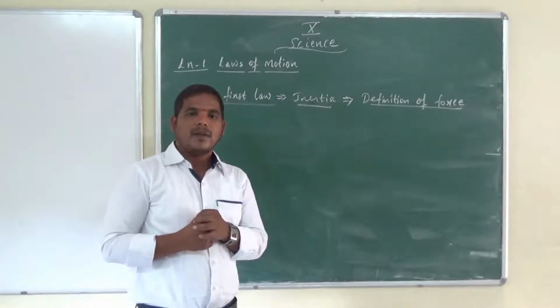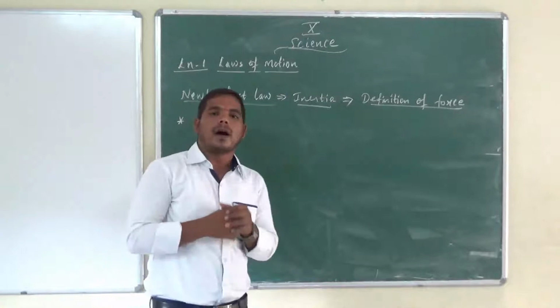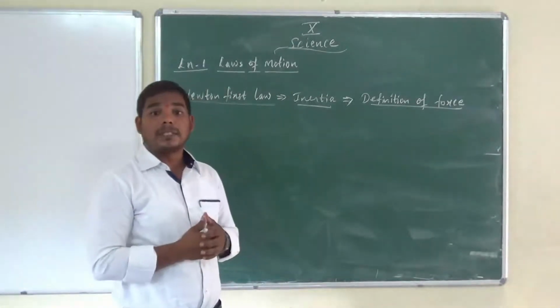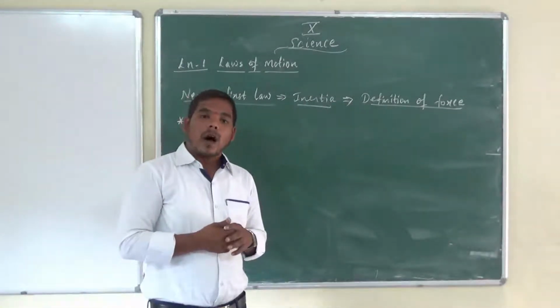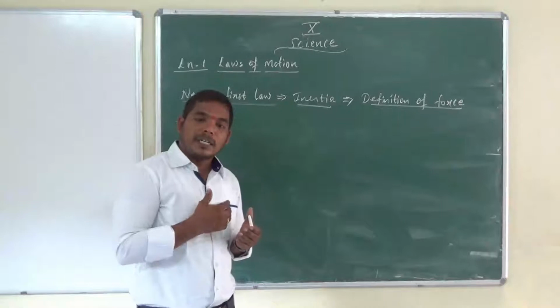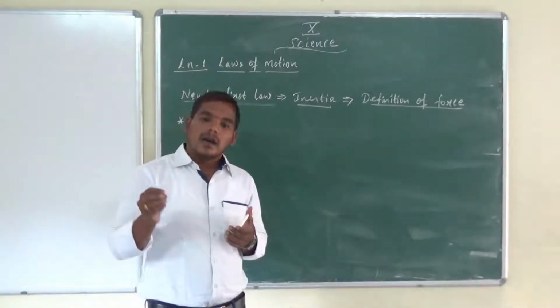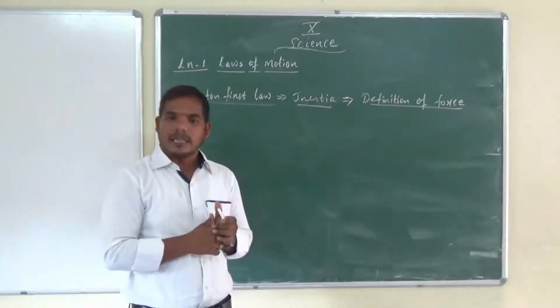Am I correct? For example, in our day-to-day life, we can see a number of objects surrounding us. Moving objects, non-moving objects, living objects, non-living objects, isn't it? They may be continuously moving, or continuously at rest, or from time to time moving and from time to time coming to rest.